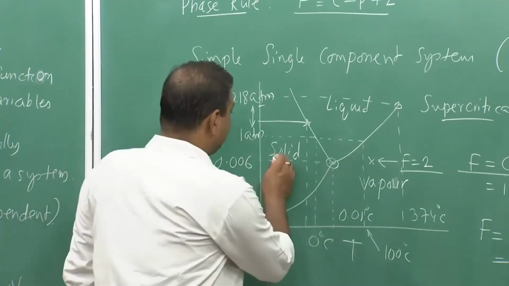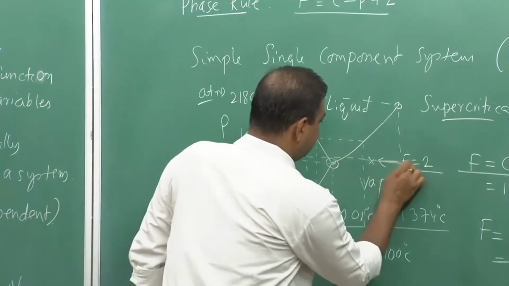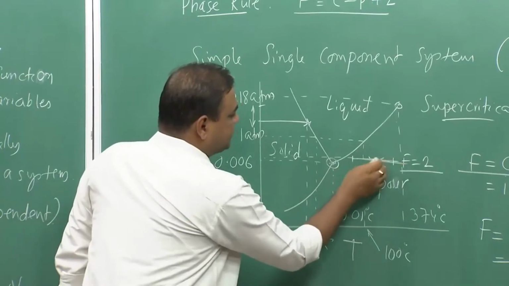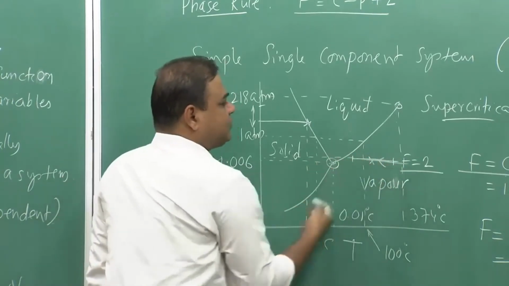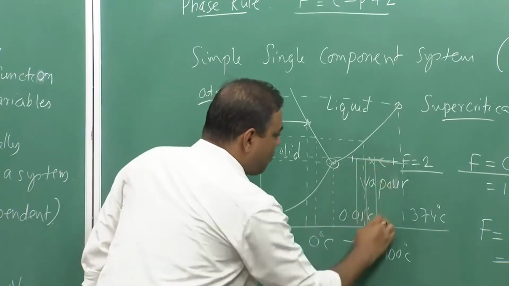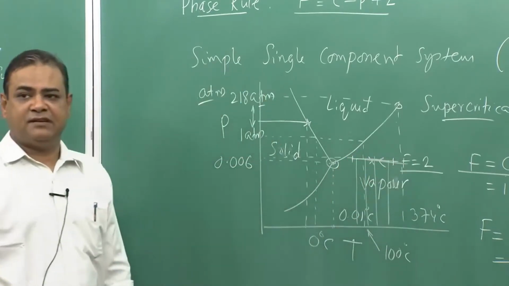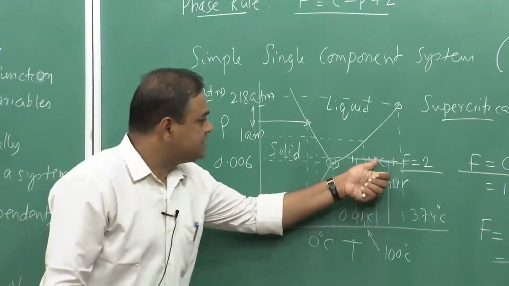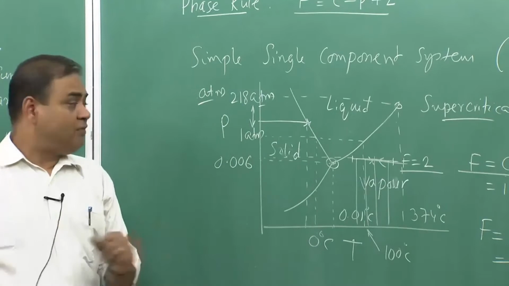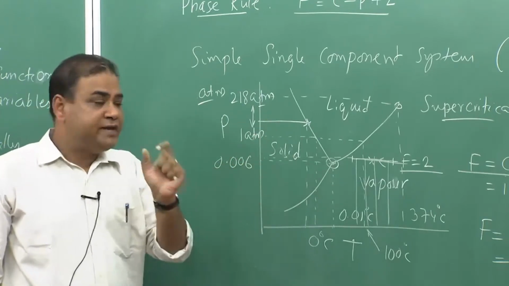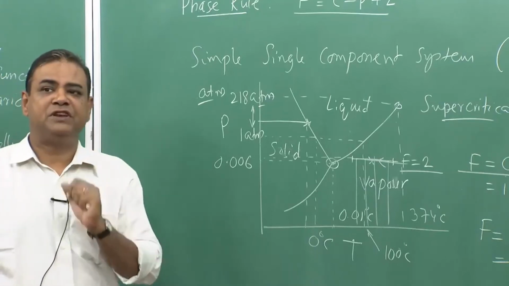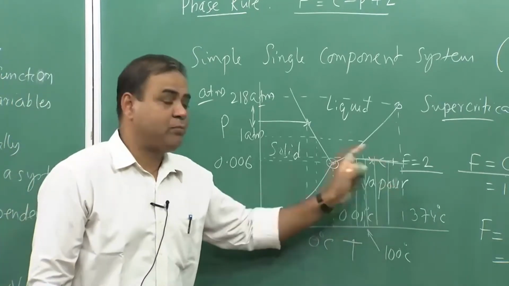For example, if I fix the pressure, along this particular path I can get to any point, and you can see that the temperature is also getting changed. So, in order to define this particular point in a single phase for a water one component system, I need to have 2 degrees of freedom, that is, 2 independent variables will be required to define that point.